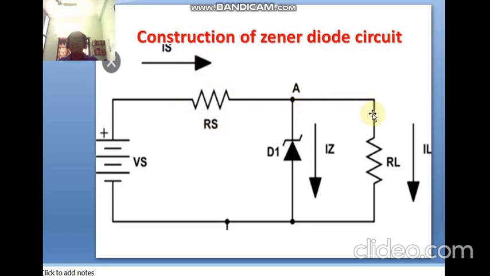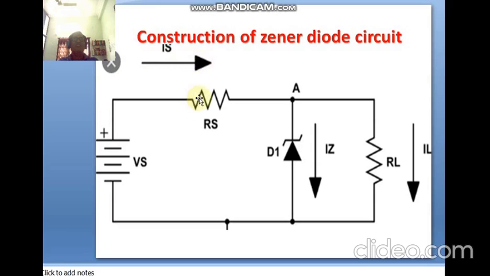Similarly, we take the output coming from the Zener diode from between the two terminals of RL. Here Vs is the voltage source, and Rs is the series resistor.